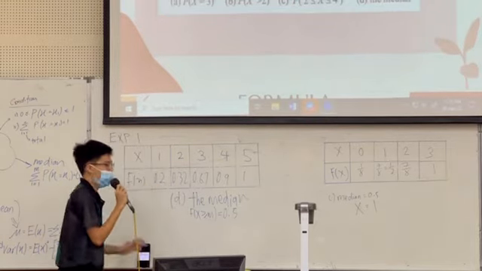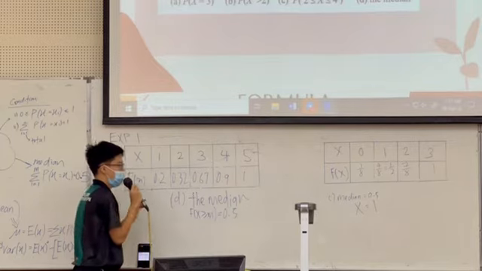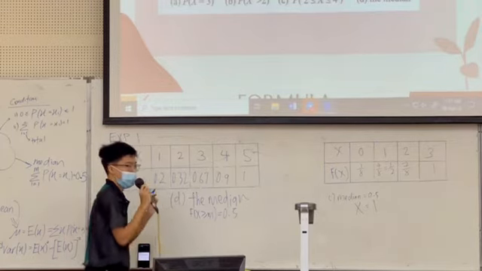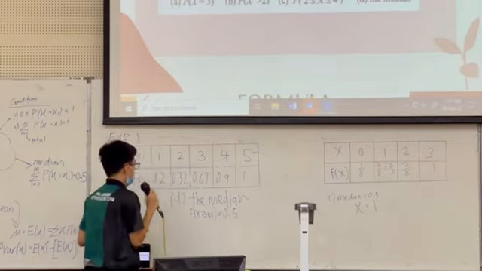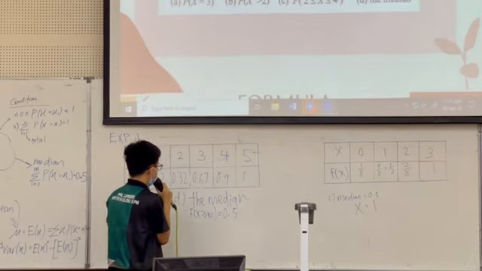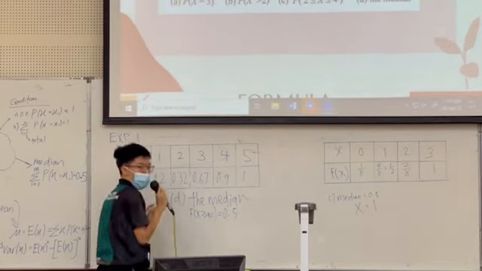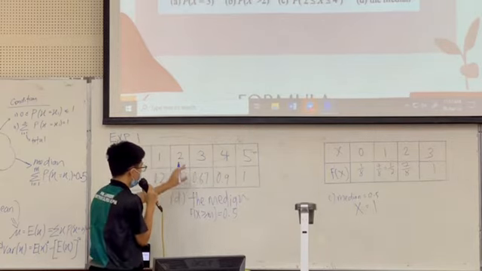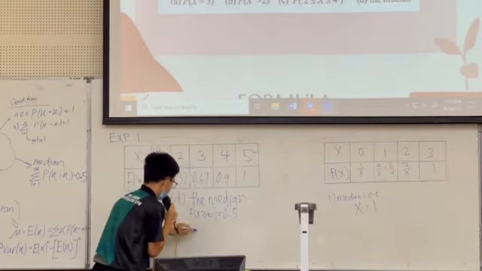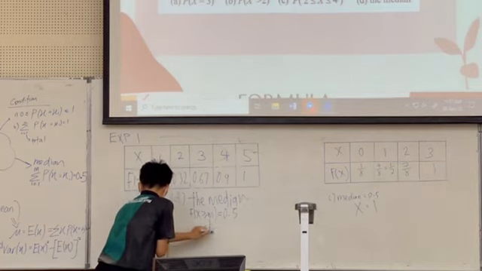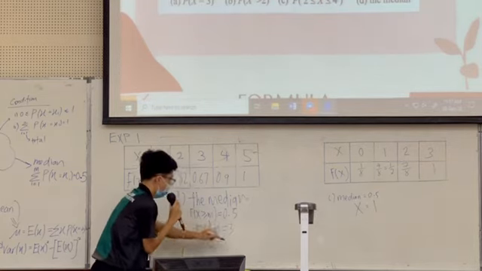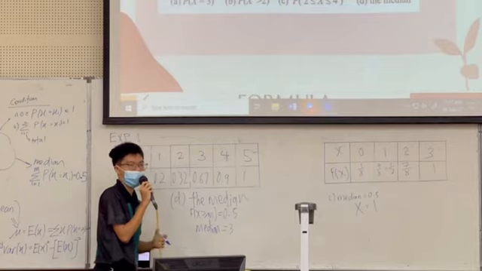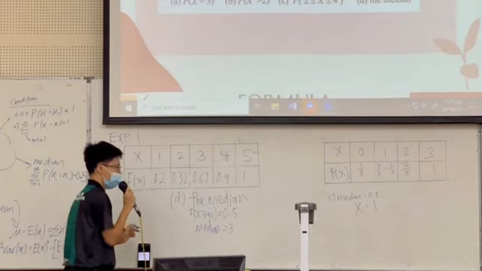We have only one method, meaning we want to find the value which approaches 0.5. Which value approaches 0.5? Obviously x equals to 3, right? So we just simply take the median equals to 3. Just simple like that. So I will pass to the next.